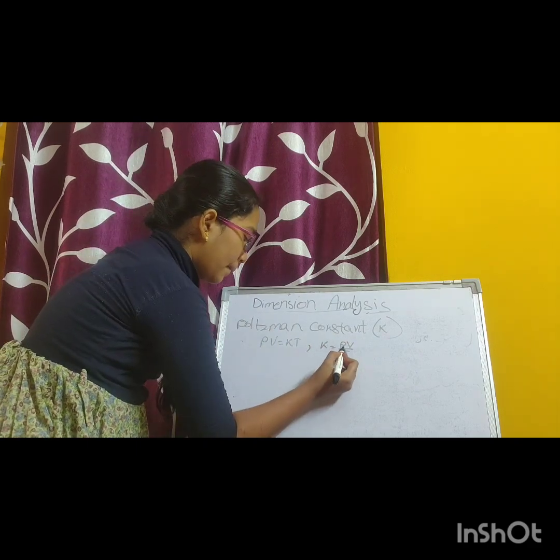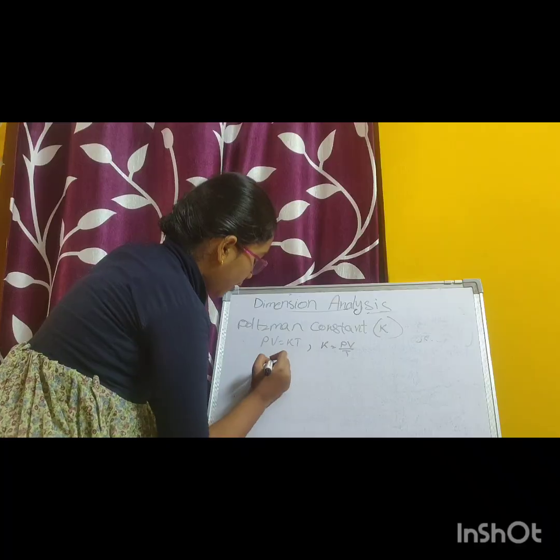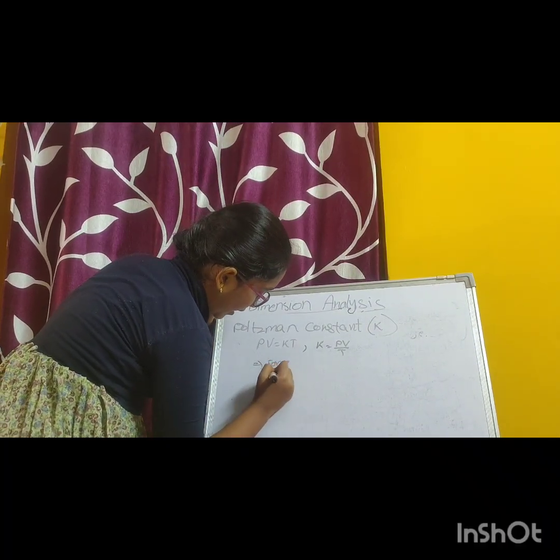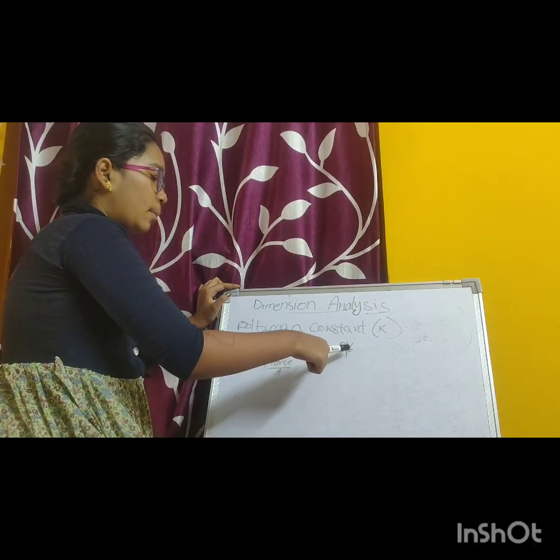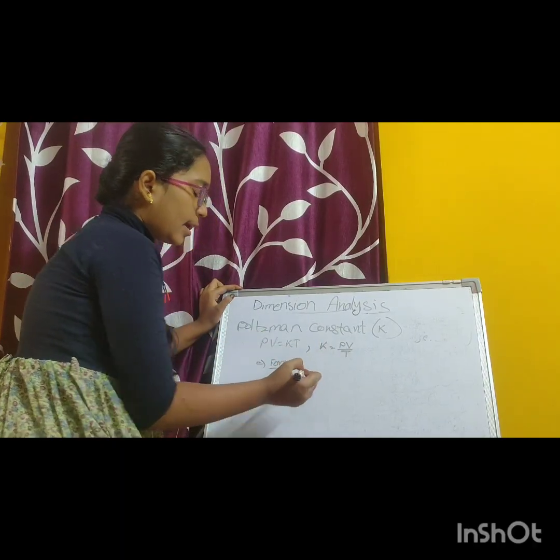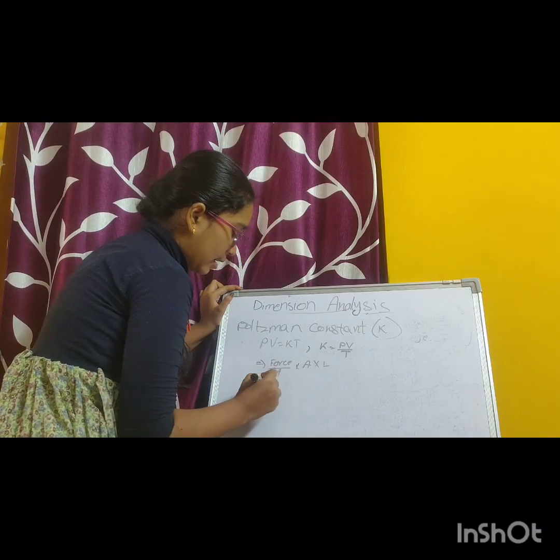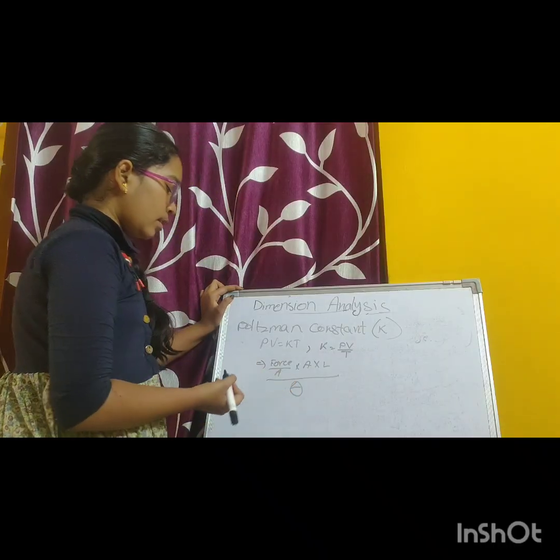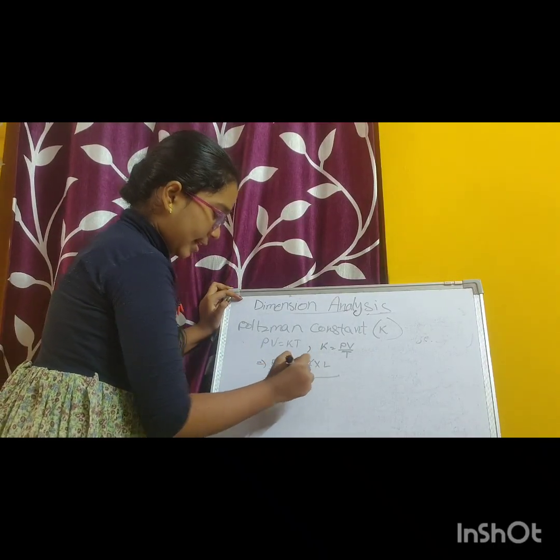Here, P is pressure. What is the formula of pressure? We have discussed already, which is force by area. And what is the dimensional formula for volume? We can write it as area into length, and by temperature, which is theta. Force by area, this area gets cancelled.